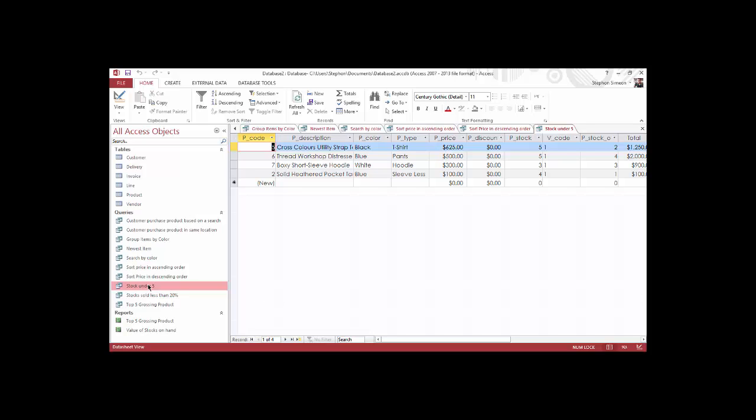The whole reasoning behind this is that you might have a product that is selling a lot, and you'd want to be notified when it reaches a particular amount, so you would know you have to restock because it's selling well. So this is very important for the company and the employees, so they know they have to reorder stuff.